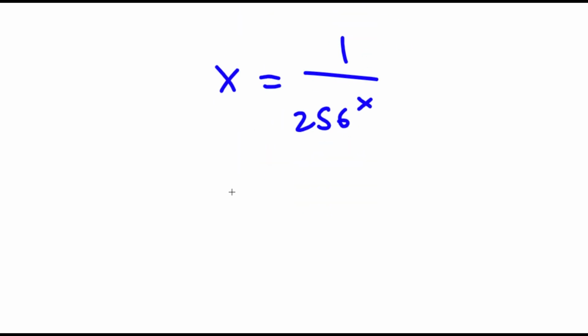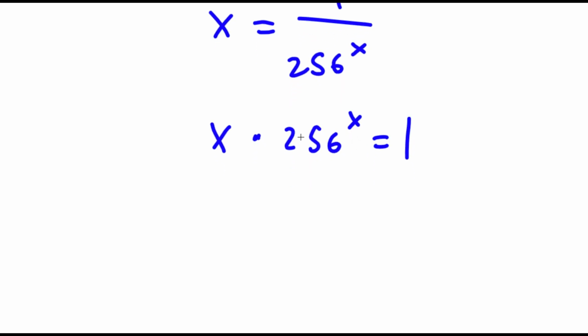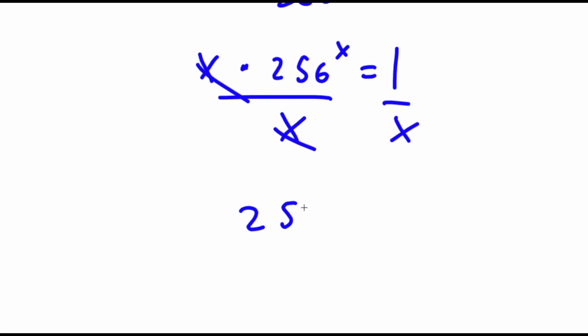So now I can multiply x with 256^x, and this is equal to 1. Now I'm going to divide both sides by x. So now I have 256^x = 1/x.